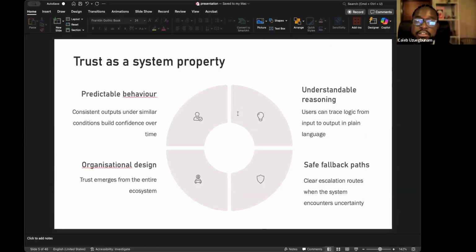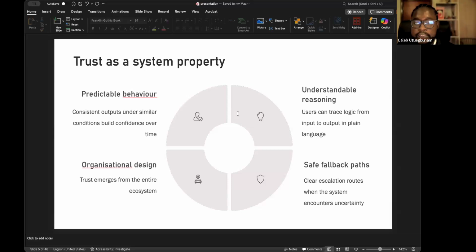When we talk about trust, we talk about trust as a system property, and in four ways. One way is that trust is and that is what builds confidence in a system over time.